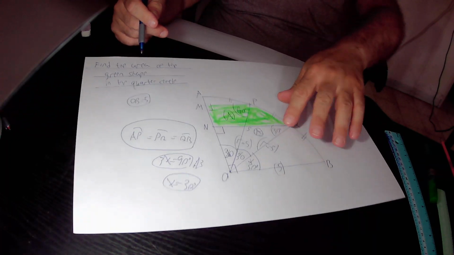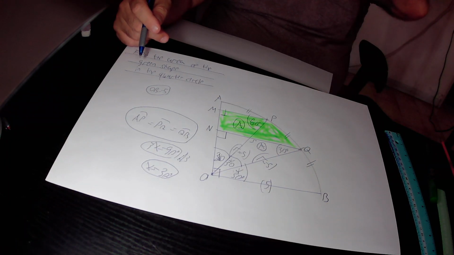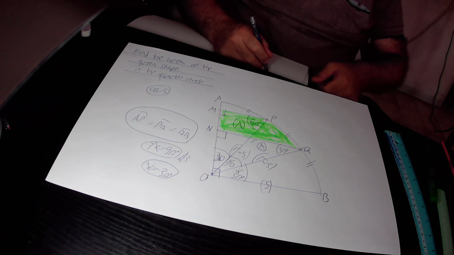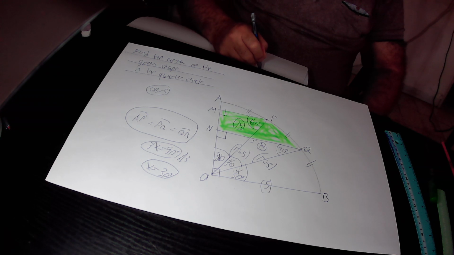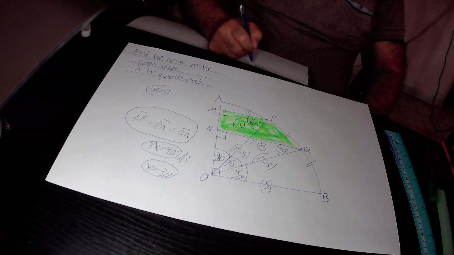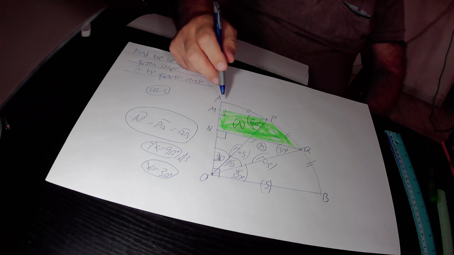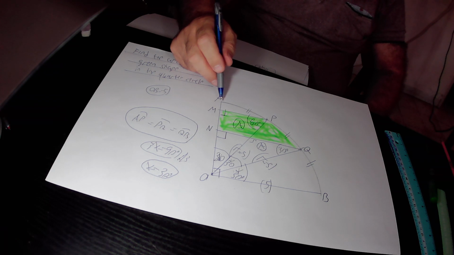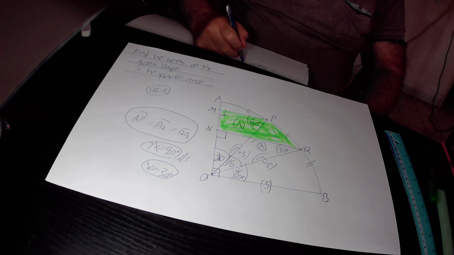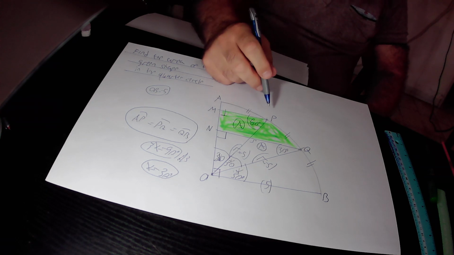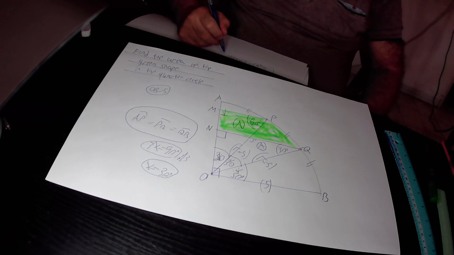Our mission is to find out the area of this green shape. So what is the area of the green shape? The area of the green shape equals the area of this quadrilateral MNSP plus the area of this green shape PQS.